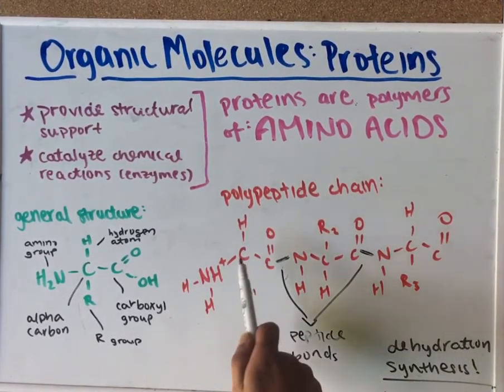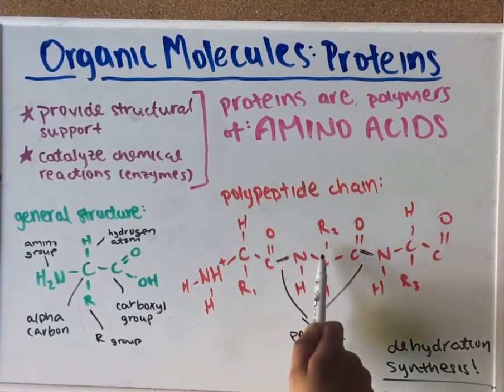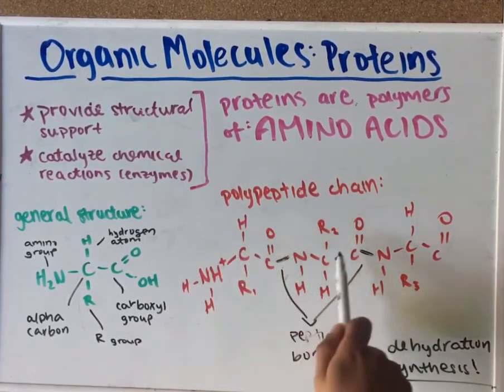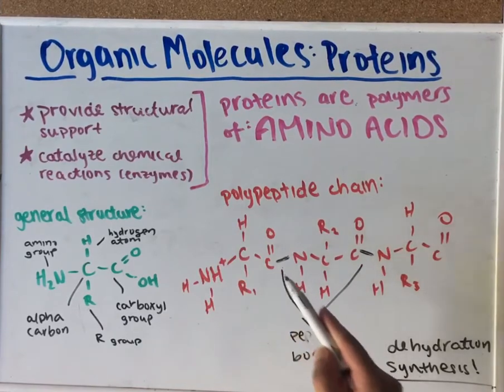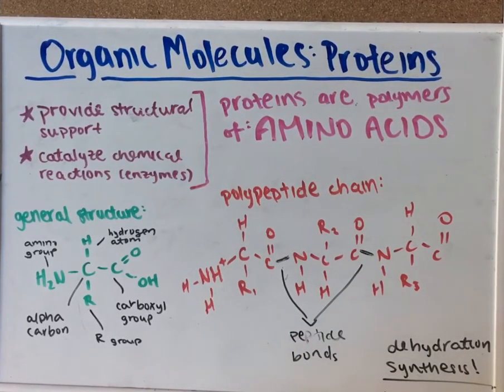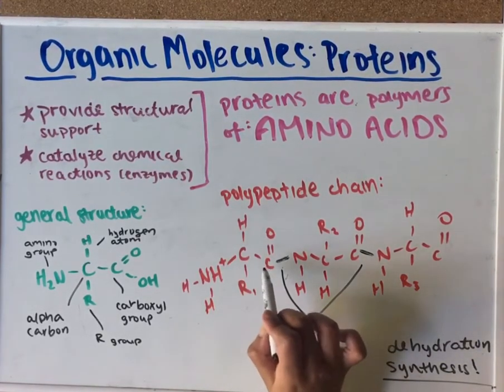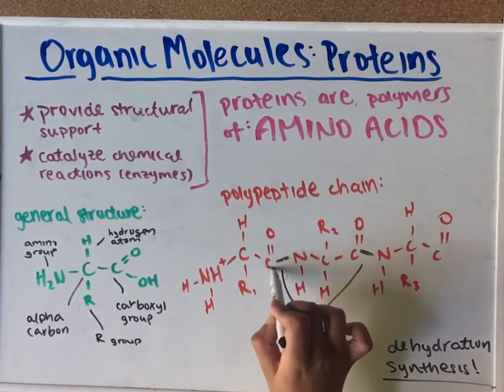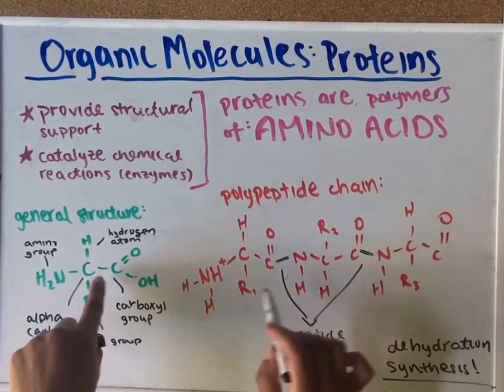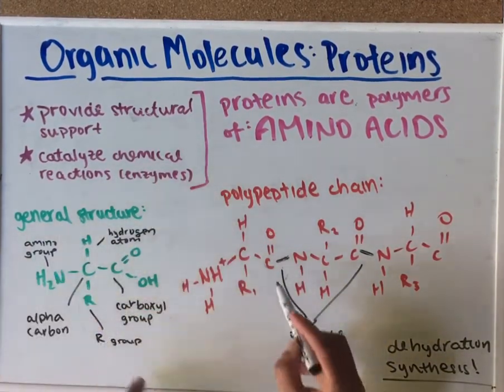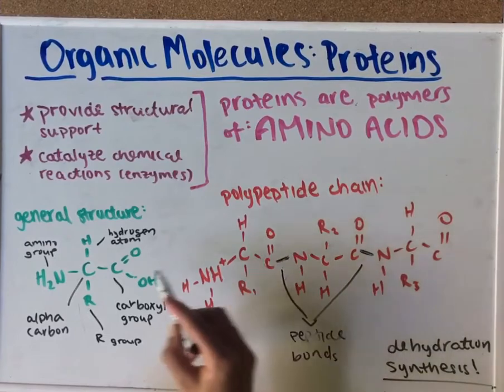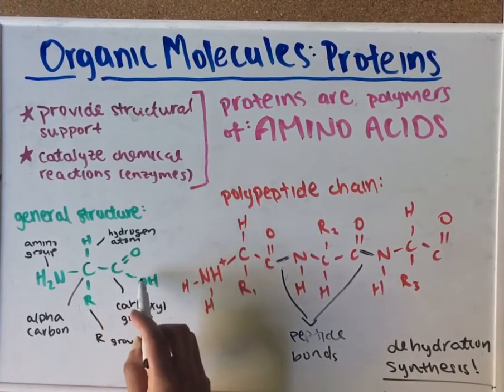When we link two different amino acids together, for example, with this amino acid and this amino acid, there is a loss of a water molecule. So as you can see, this C is part of the carboxyl group. We're going to refer back to the general structure. So the C double bonded to the O here, and then it would be bonded to an OH.